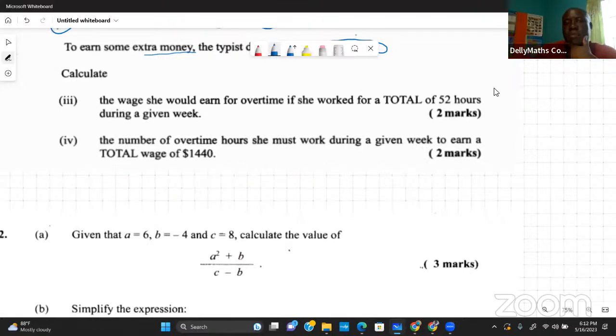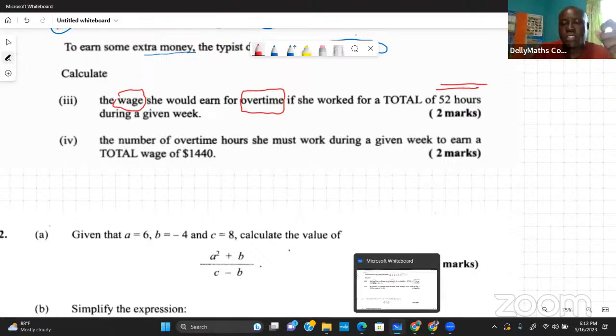Here comes the question, because now this person will work for 52 hours. And then we watch what they want. The wage she would earn for overtime, not overall, just for the overtime. So we want to put the thing into perspective. Don't just give the gross. You want to give what they ask for, the wage for overtime. All right. So 52 hours she planned to work.